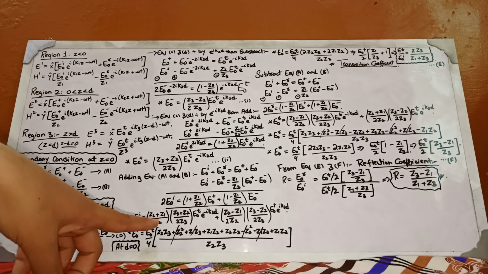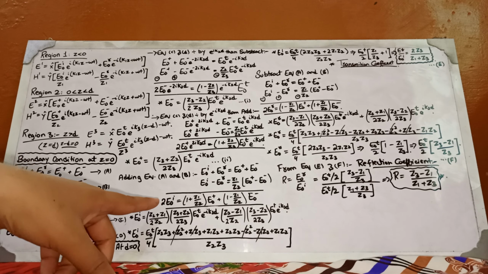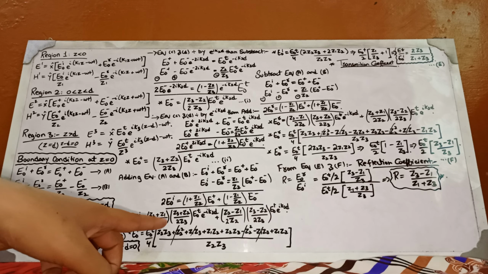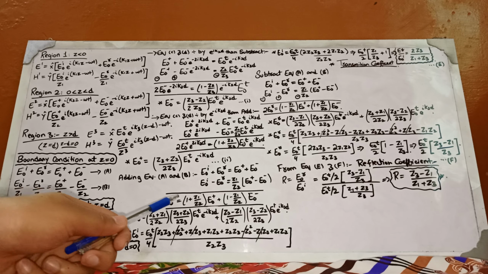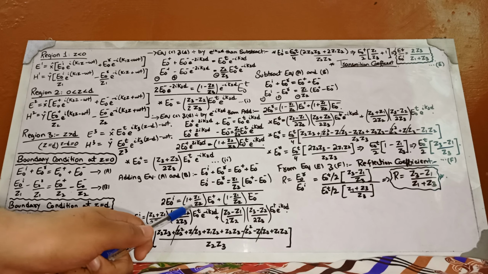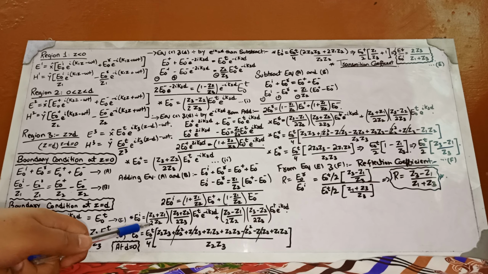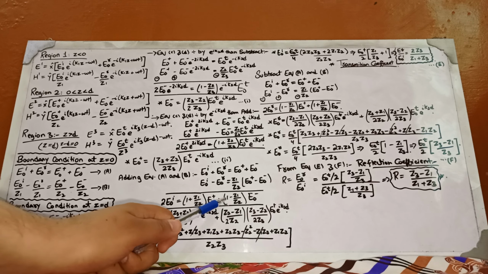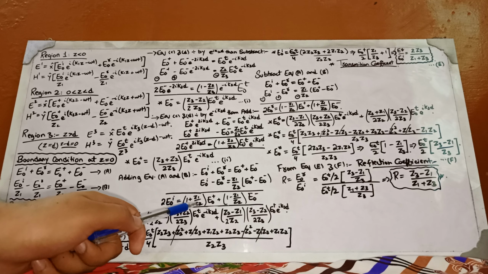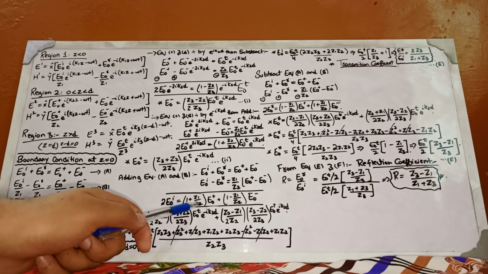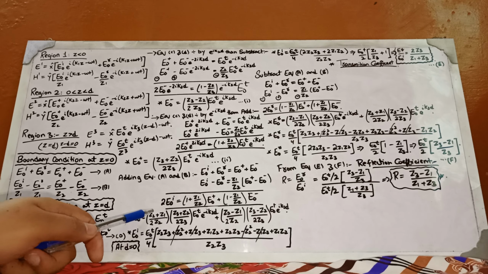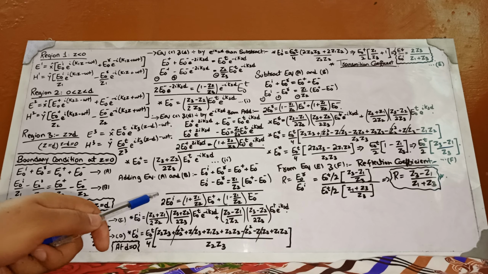So let's proceed. You have to move this 2 to the other side because we are going to find E naught I. Moving it to the other side, it divides here also. So here is the 2 which comes from here, and here is the 2 which comes from here. So 1 plus z1 by z2, taking LCM, becomes z2 plus z1 divided by z2, and the 2 comes from here.